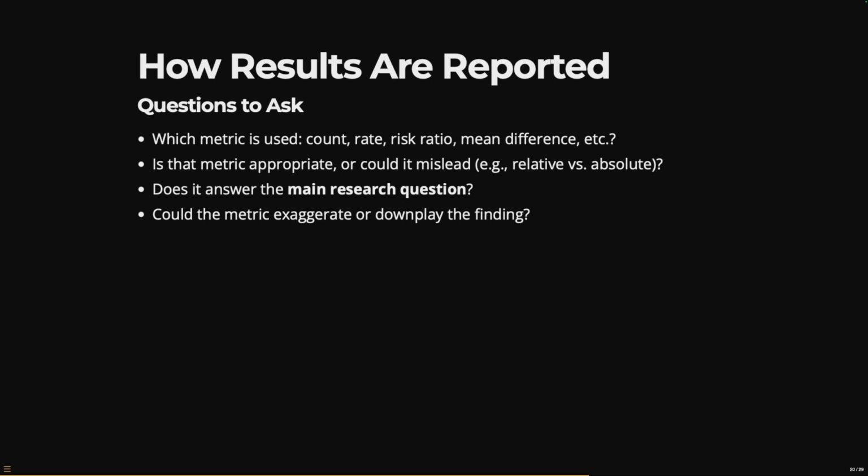Could it appear to have an overestimation of risk, especially that relative risk that we talked about? Are they clear to give you both of those in the study? Because I've seen studies where they only give you the relative risk and it's just not there. And that is very annoying. You have to go through the tables and calculate it yourself.